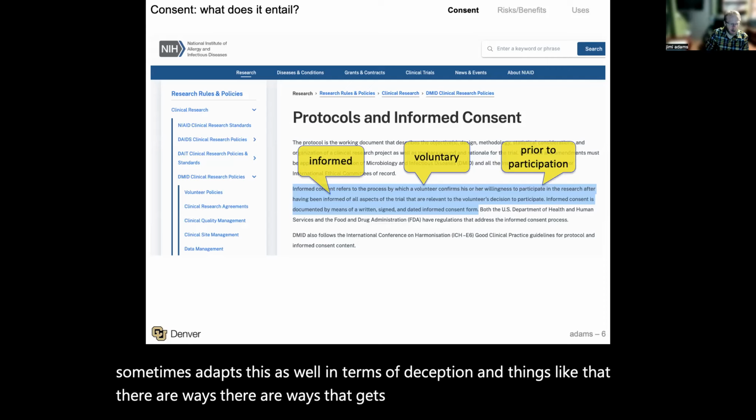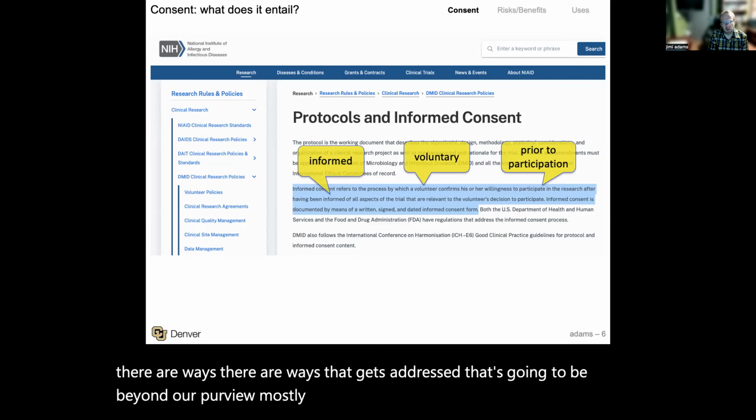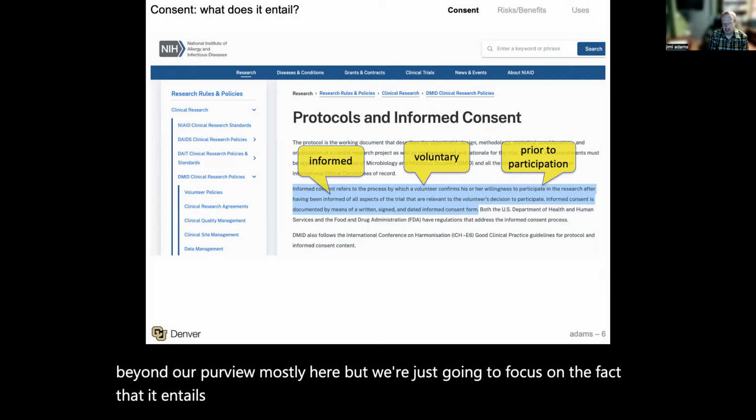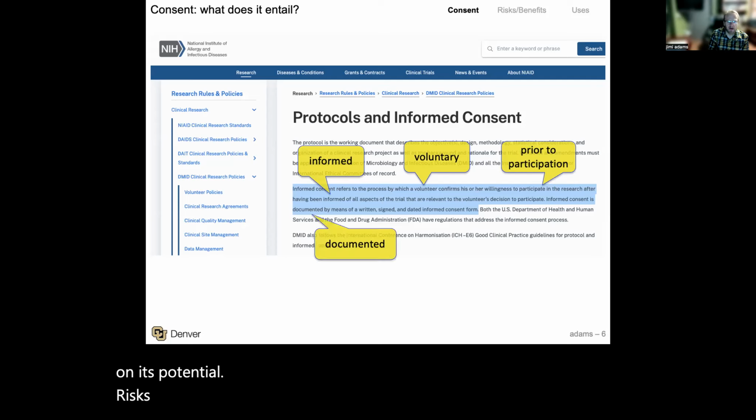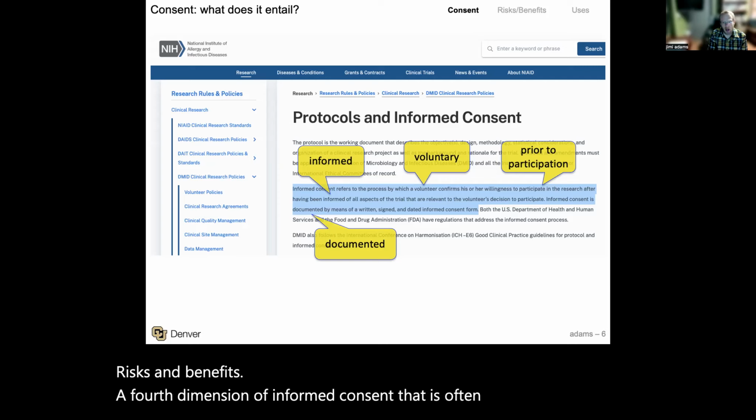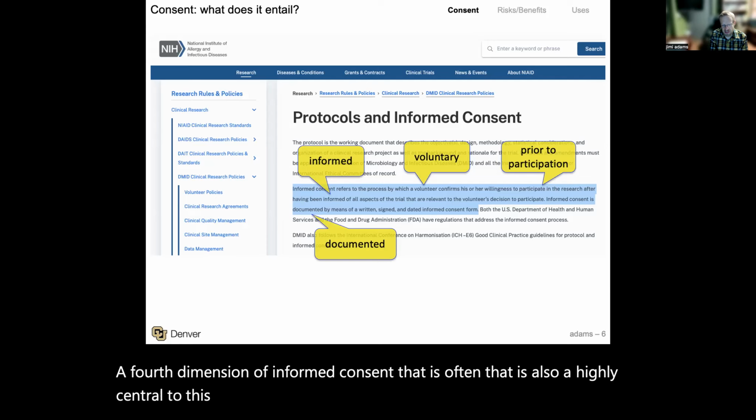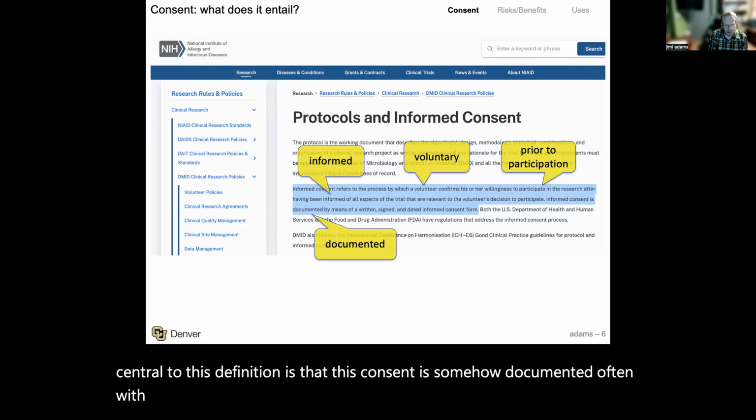That's going to be beyond our purview mostly here, but we're just going to focus on the fact that it entails a knowledge of what the study includes, particularly focusing on its potential risks and benefits. A fourth dimension of informed consent that is also highly central to this definition is that this consent is somehow documented, often with signed forms of various sorts.